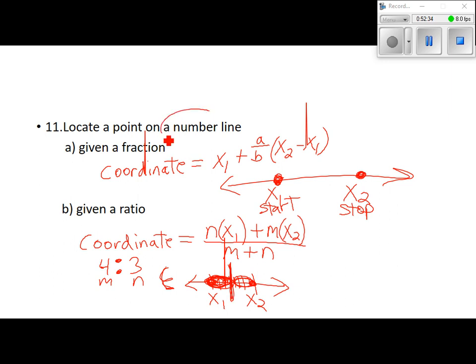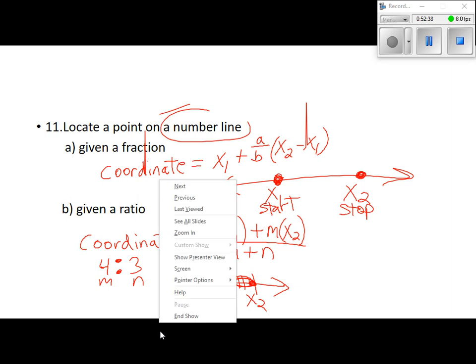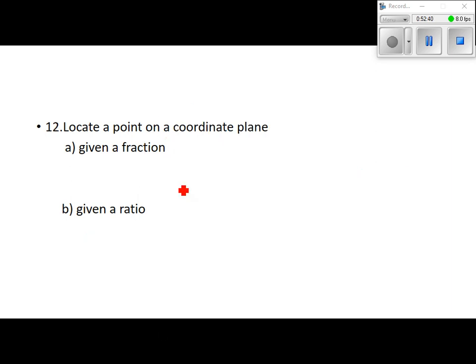That's if we were on a number line. It got a little harder when we went to a coordinate plane. So on a coordinate plane, we're given a fraction. What's our formula?